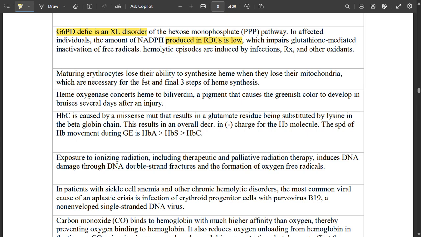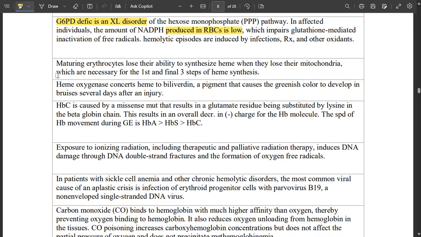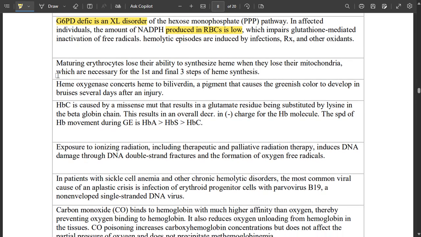All right. Next point: maturing erythrocytes lose the ability to synthesize heme when they lose their mitochondria, which are necessary for the first and final three steps of heme synthesis.